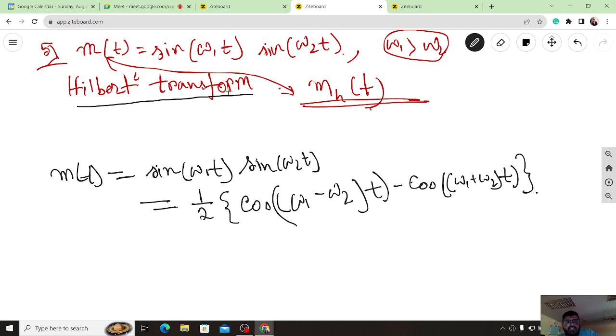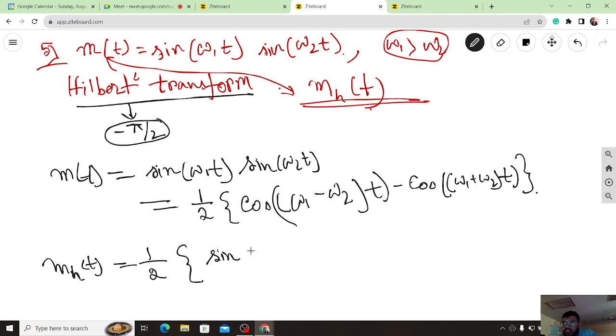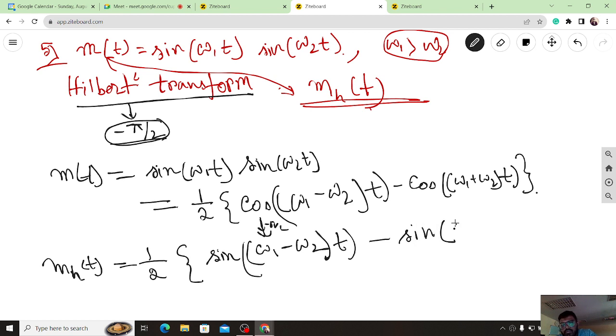Now what does this Hilbert transform mean? Hilbert transform means it changes the phase of the signal by minus pi by 2. So it is easy to directly implement the phase shift of pi by 2 in this signal m(t). The result here is half of this cos will change to sine, as I am shifting by minus pi by 2. So this comes as sine of (omega 1 minus omega 2) t, and this cos will also be sine, similarly, of (omega 1 plus omega 2) t.